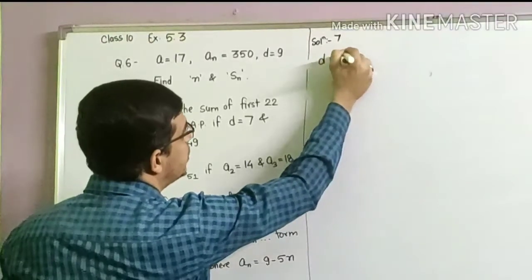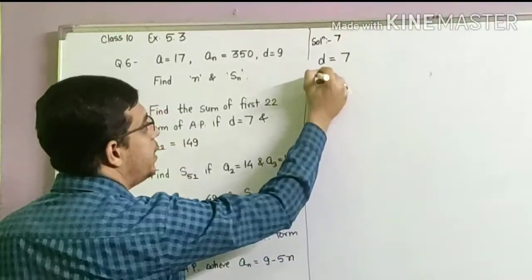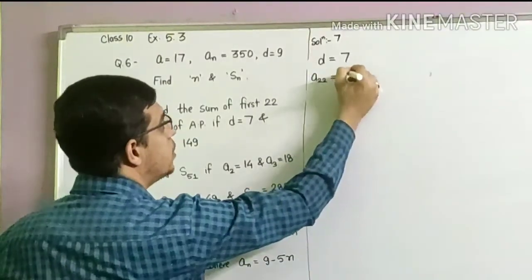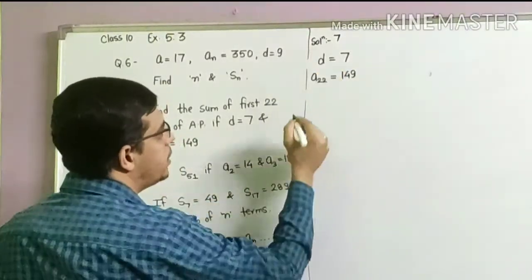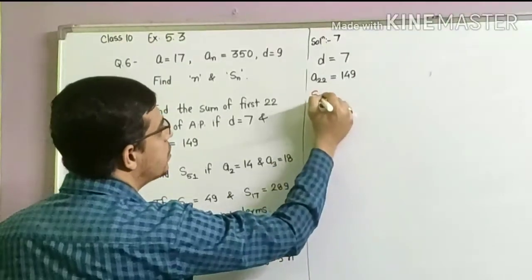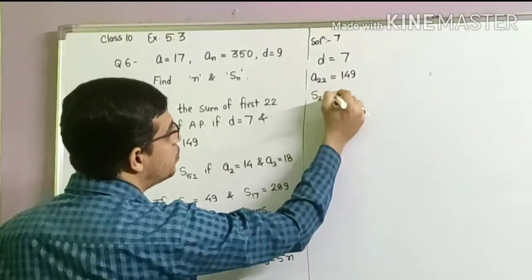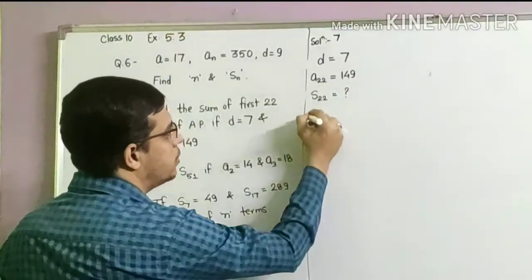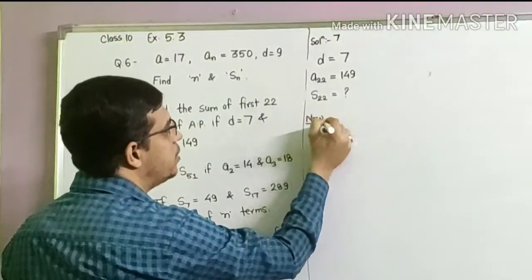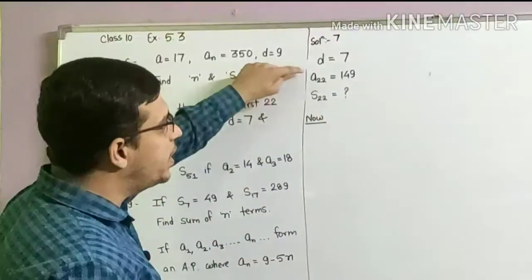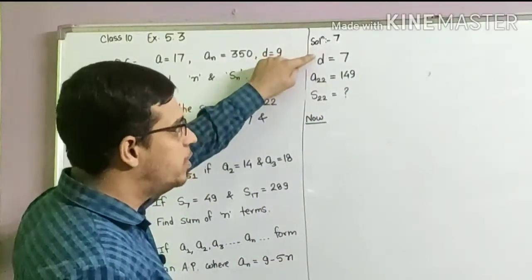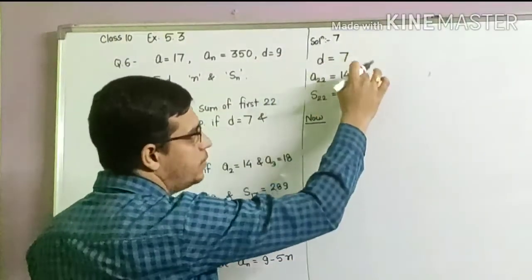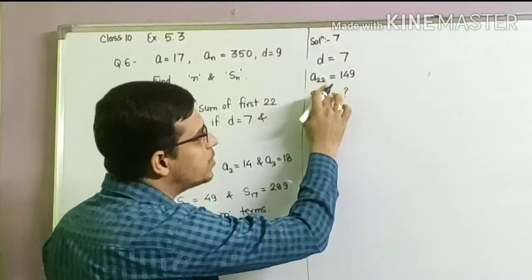Common difference d is 7 and 22nd term is 149. You have to find sum of 22 terms. Now how will this be found? We are given a22 and d. So whatever we get will come from these two. So this a22 is nothing but an.